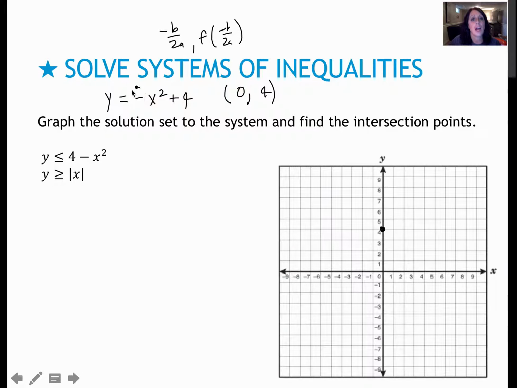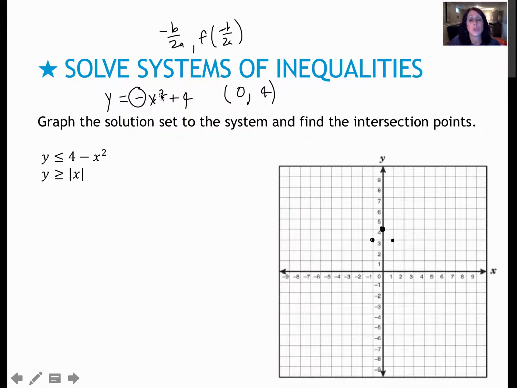From here, I know that it's going to be pointing downward because of that negative, so I know it's going to look something like this. Easiest thing to do is just start plugging in values. So plug in 1. 1 squared is 1. Take it times the negative, so negative 1 plus 4 is 3, so 1, 3. Using that axis of symmetry, which goes through right here, I would then put a point on the opposite side of that.